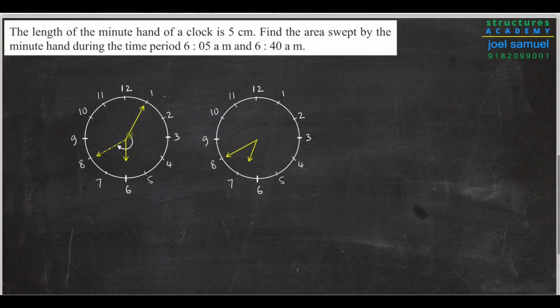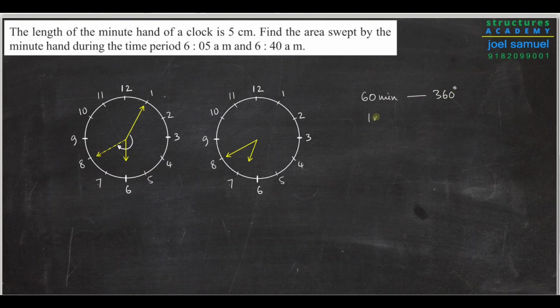So if you notice, the minutes needle is at 1 and finally it arrives at 8. We know one full turn from 12 back to 12 comprises 360 degrees, which accounts for 60 minutes. 60 minutes accounts for 360 degrees.